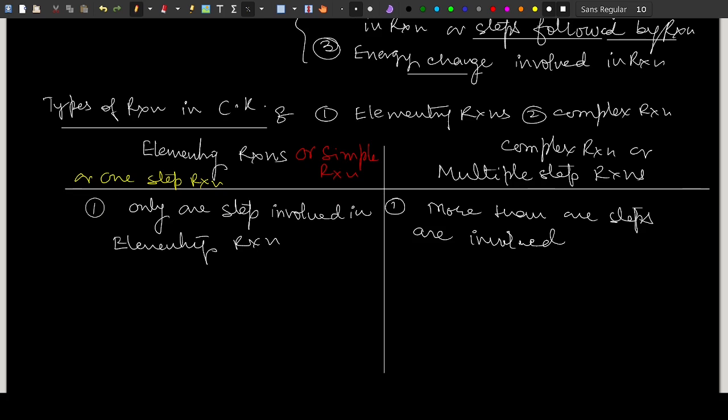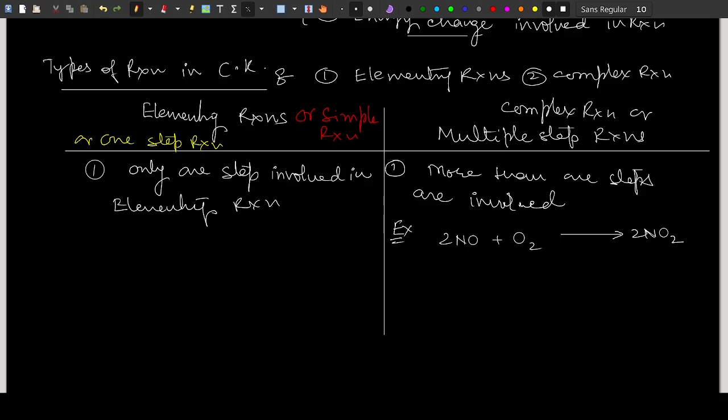Here we are taking an example. Suppose we have 2NO plus O2 producing 2NO2. Now this is the reaction.